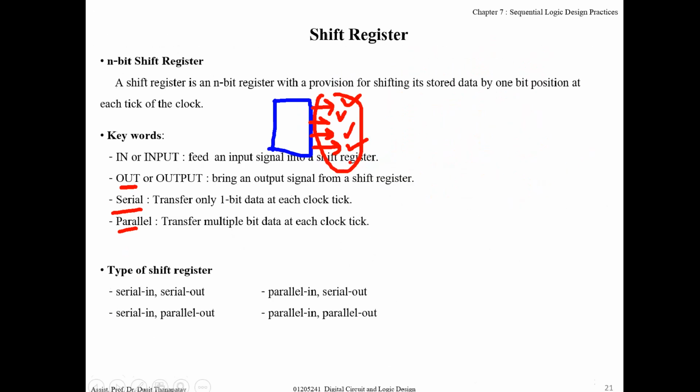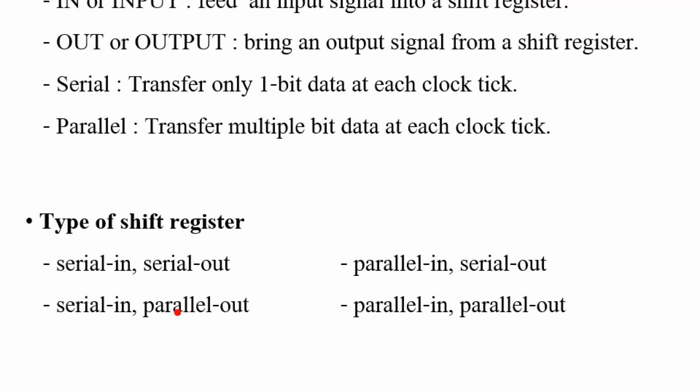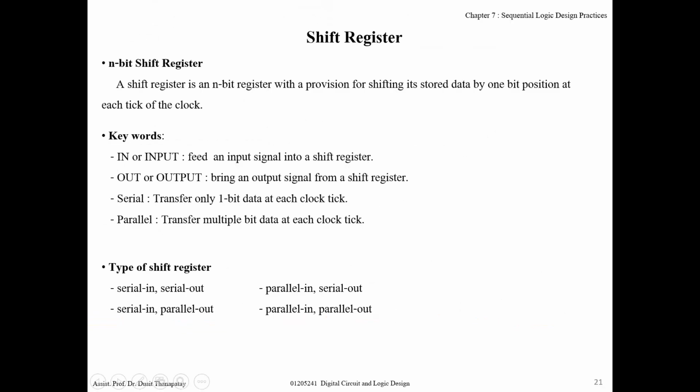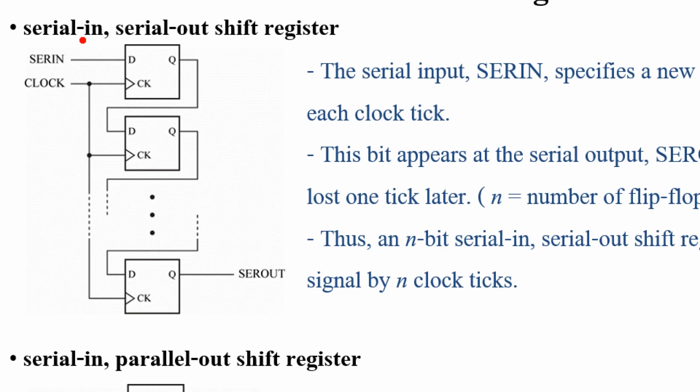So the register maybe has serial in, serial out; parallel in, serial out; serial in, parallel out; and parallel in, parallel out. So the basic configuration is something like this. For serial in, serial out, as I already showed you for shift register, this output connects to the next input, and so on.